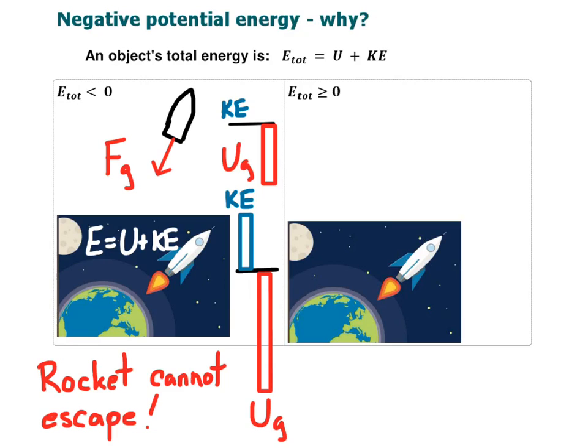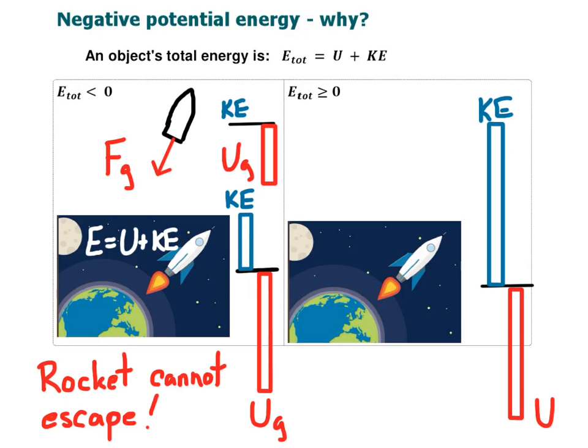Now, on the other hand, if we have a total energy that is greater than or equal to zero, we have a bar graph that looks like this when we first blast off the planet. But we're never going to run into this scenario over here where we run out of kinetic energy. We're always going to have an ample amount of kinetic energy to overcome the gravitational potential energy that we have left over.